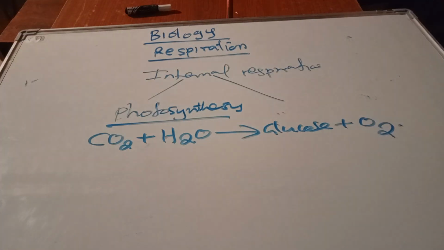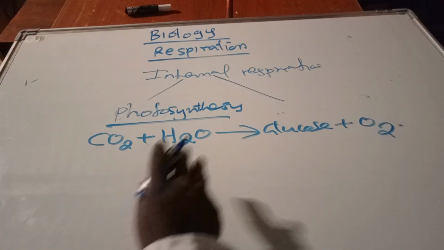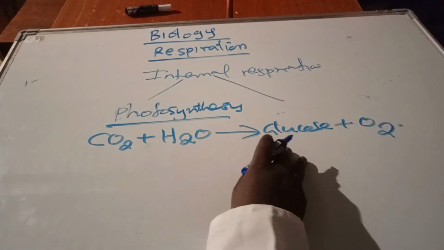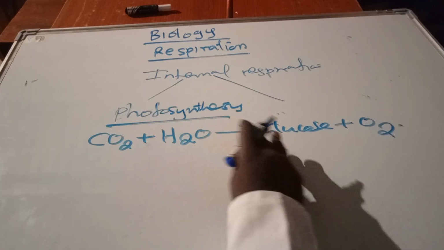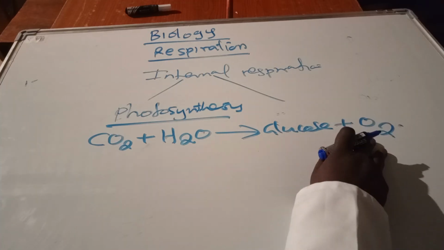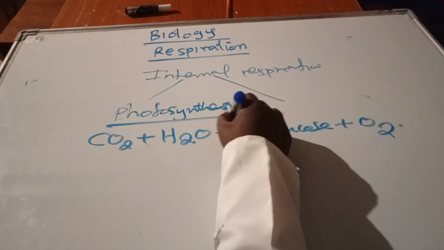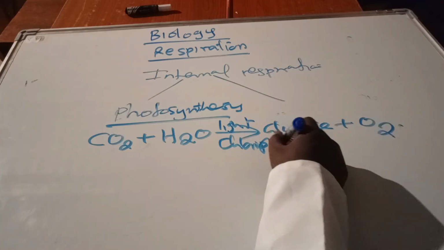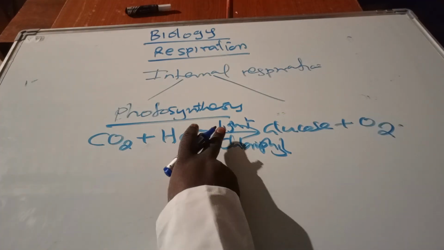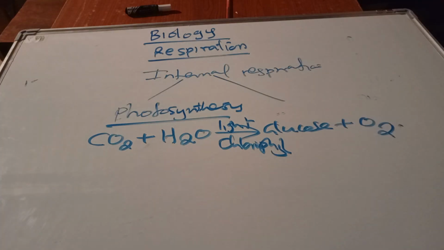I'm just trying to explain, so I'll be mixing chemistry and education. Then we have light energy and chlorophyll, which means for this process to take place, light and chlorophyll must be present.